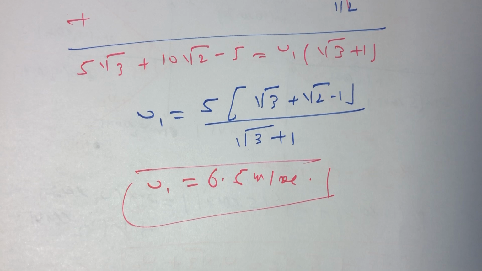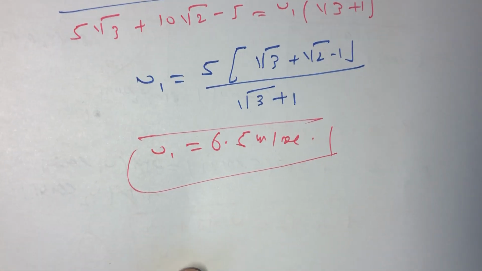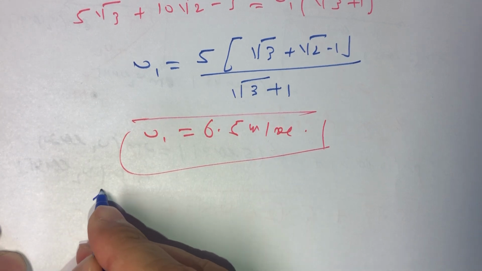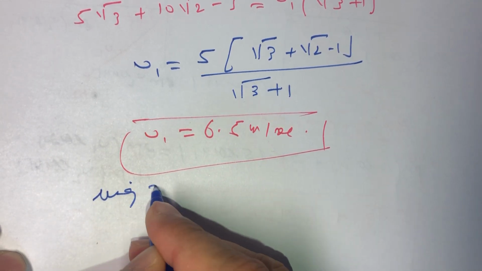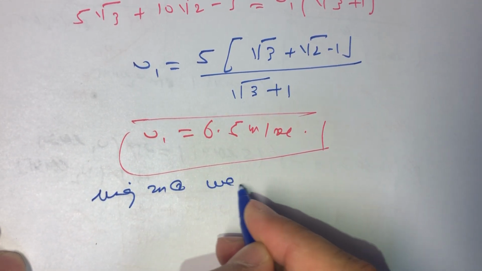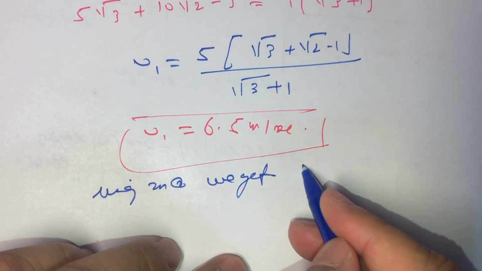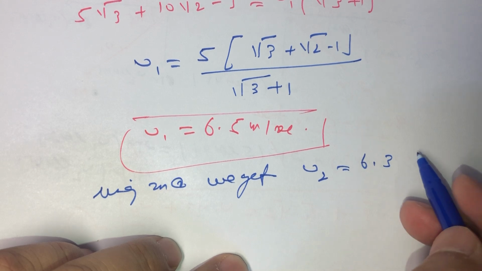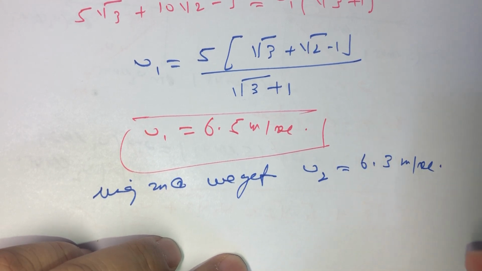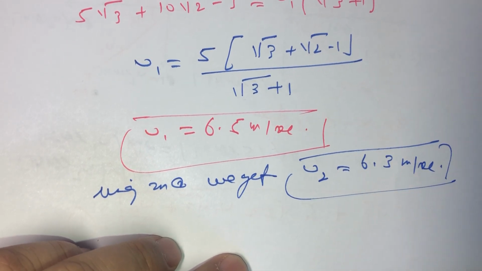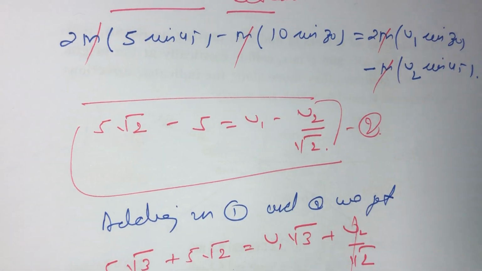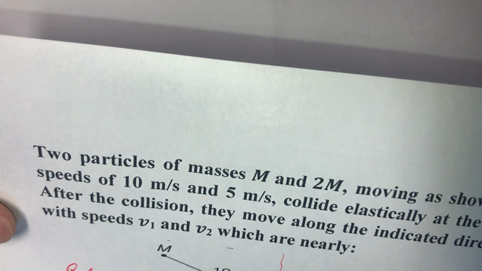Now we can use equation number 2. Using equation 2, we get v2 as 6.3 meter per second. So these are the velocities of 2m and m after the collision.